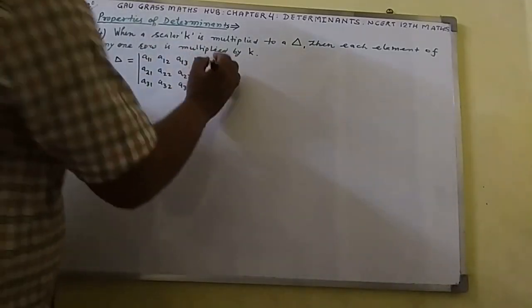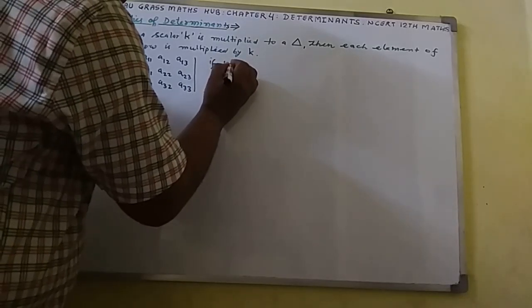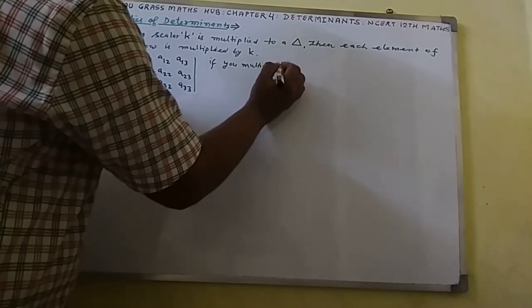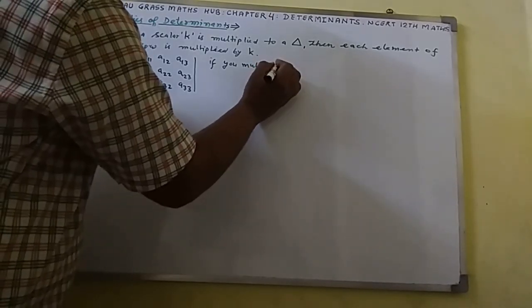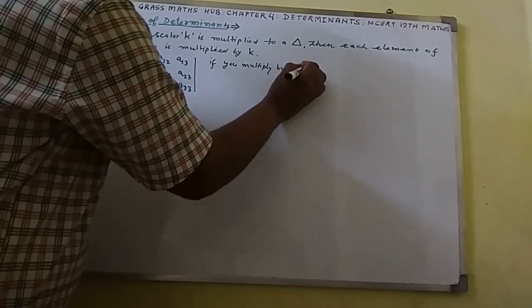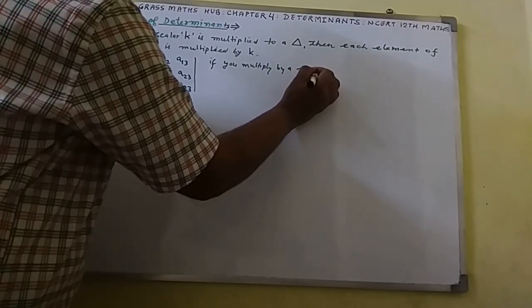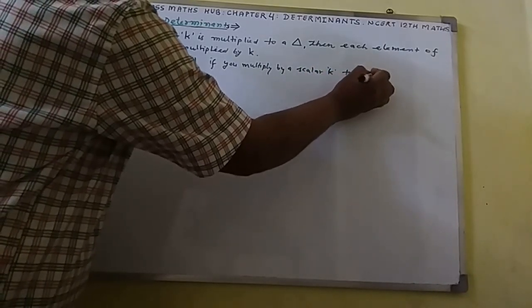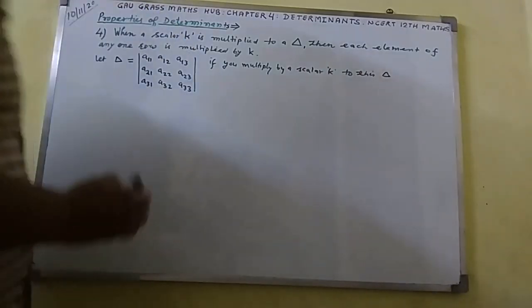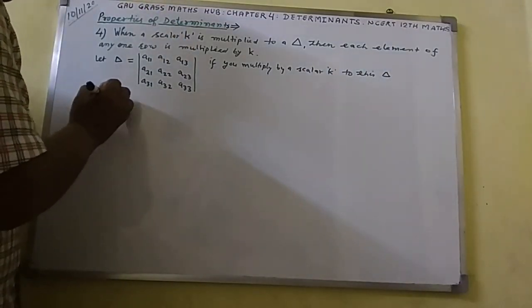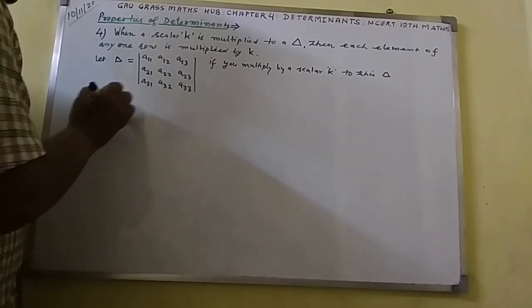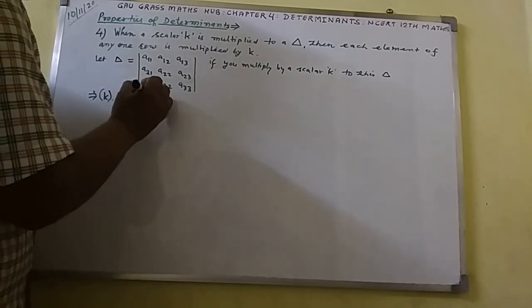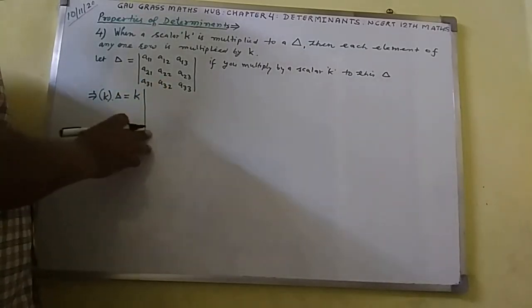If you multiply by a scalar small k to this determinant, you will get k times the determinant, it will become k, opening of vertical line.